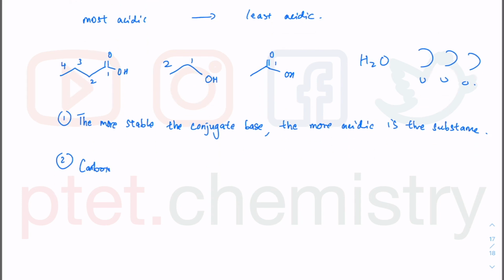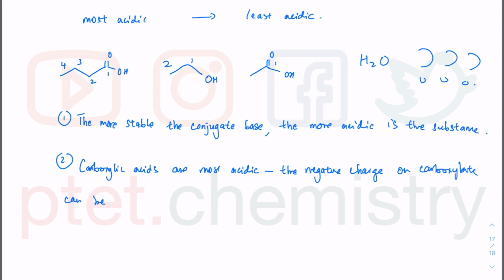Carboxylic acids are the most acidic because of the carboxylate. The negative charge on the carboxylate can be delocalized through the C=O pi system.